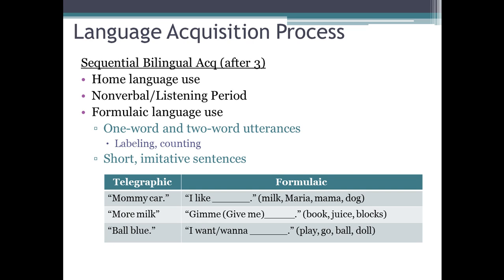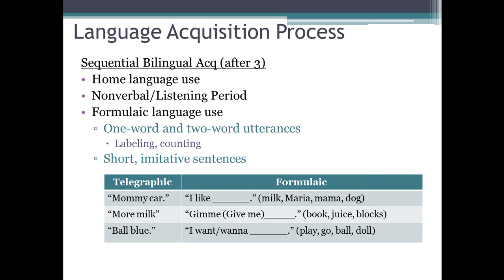Then as they develop their syntactical awareness and their morphological awareness, they're going to become more apt to switch things up in the sentence. So you can see that I like X might be a formulaic language statement. And as they develop, they start to switch up that noun that would go in the I like slot.